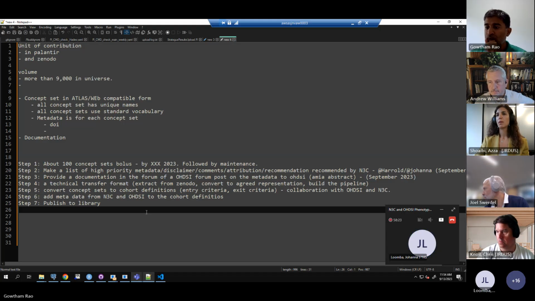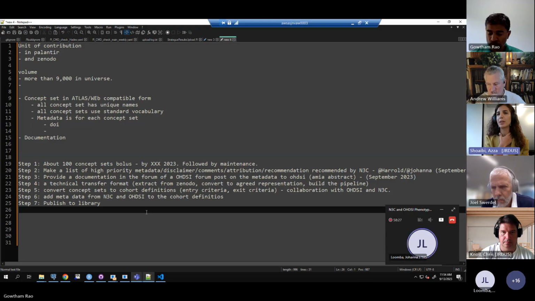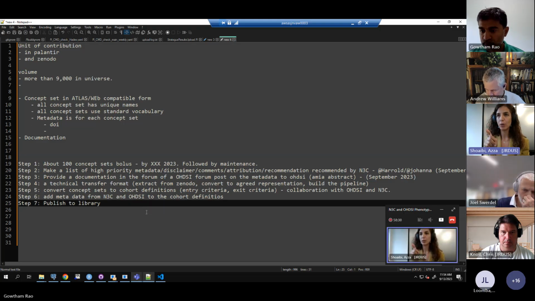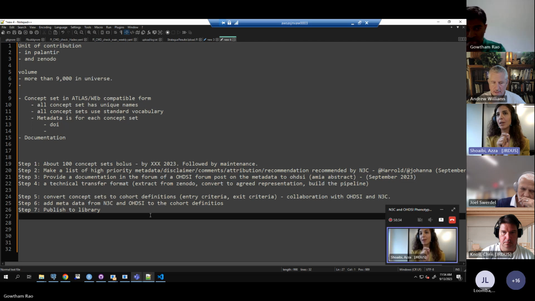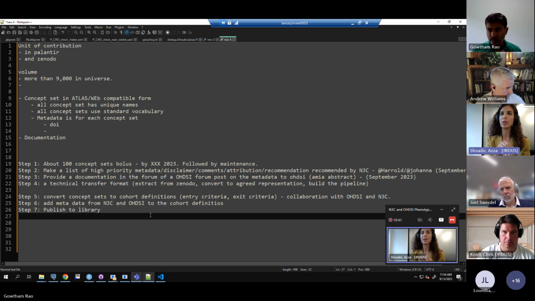Mm-hmm. So just so the team is aware, in addition to all of those that will need to be transformed, there is maybe going to be a manual step. To convert those concept sets to cohorts, even programmatically, we need to specify the end date logic.